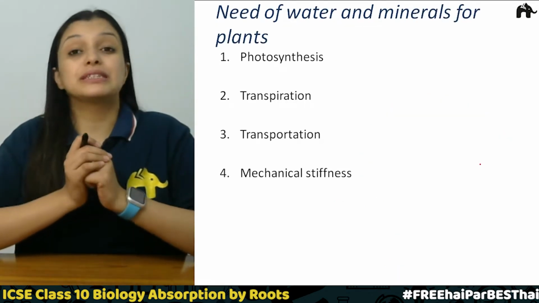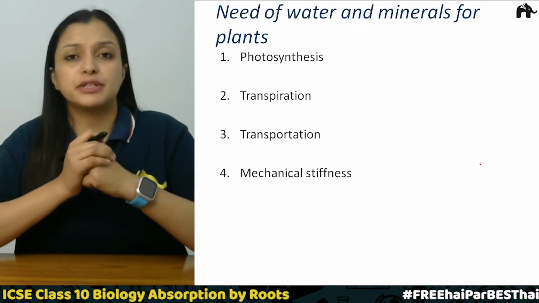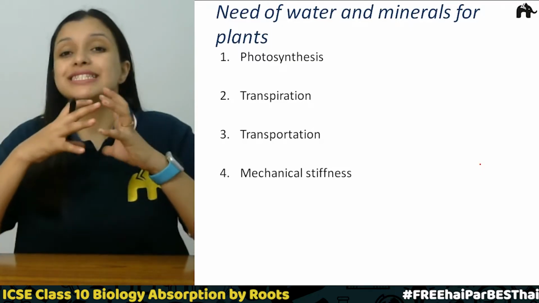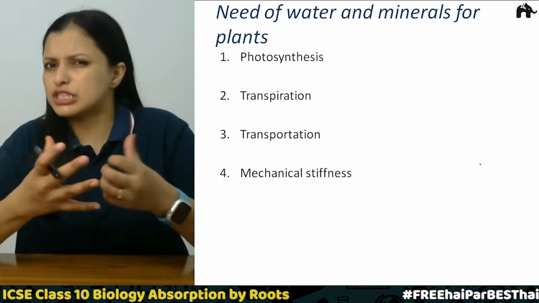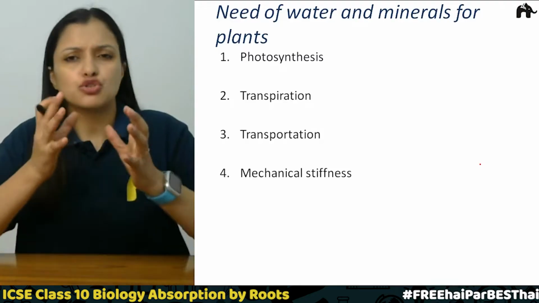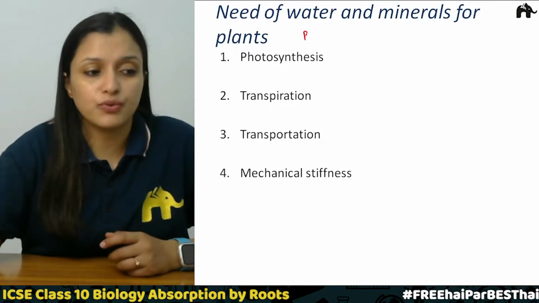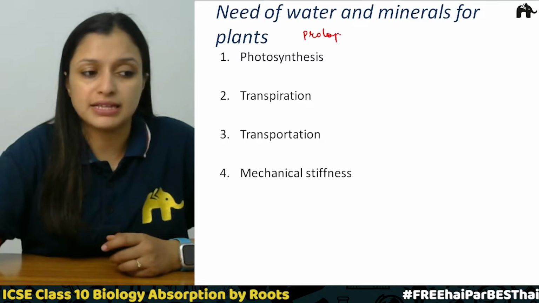The first topic, the need of water and minerals for plants. So what is the need of water and minerals for the plant? So we know that a cell has a protoplasm. What is this protoplasm? Protoplasm is the living content of the cell. So what does this protoplasm include? I will write this term over here, the protoplasm, right?